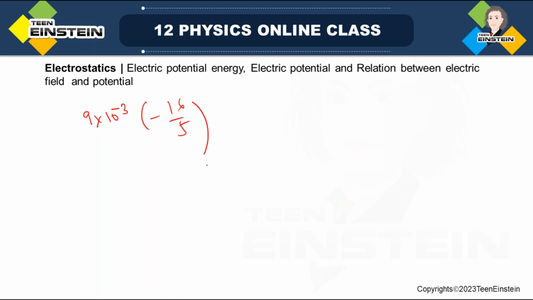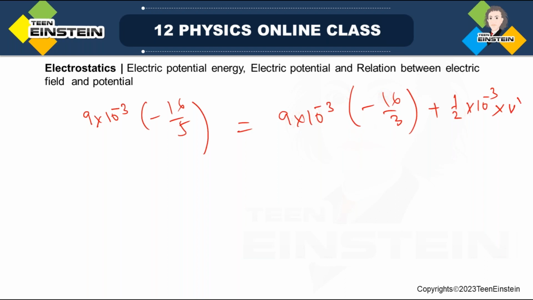On the other hand, there will be 9 into 10 to the power 9 times 10 to the minus 3, here minus 16 by 3, plus half m, that is 10 to the minus 3, v square.